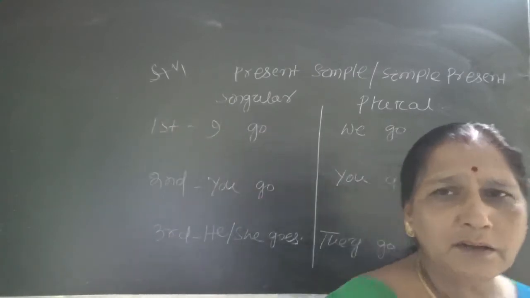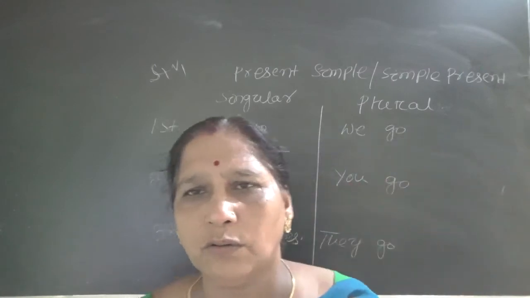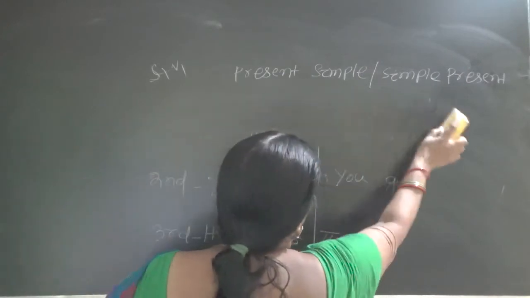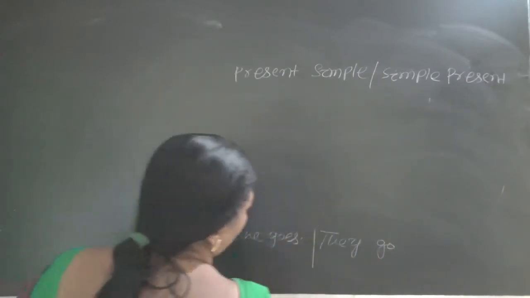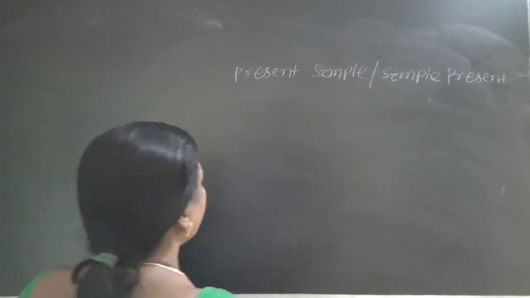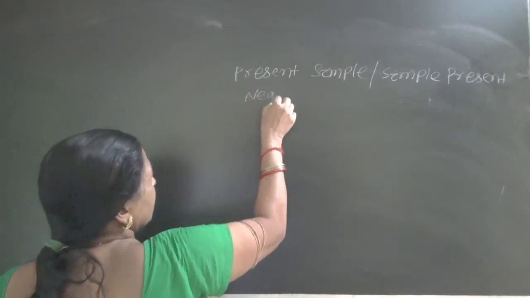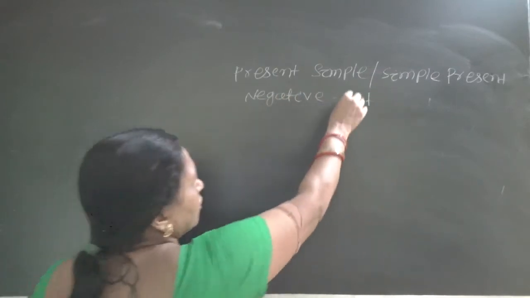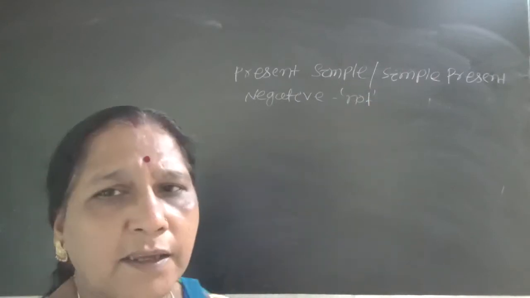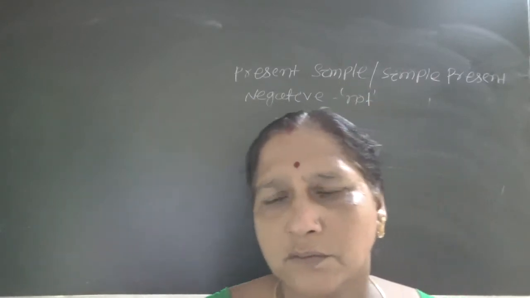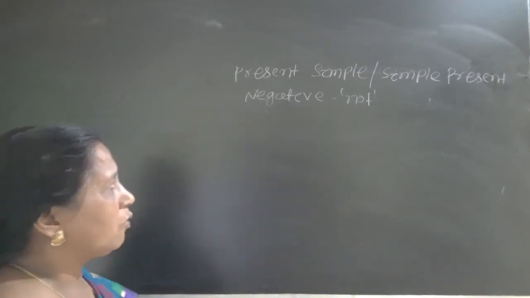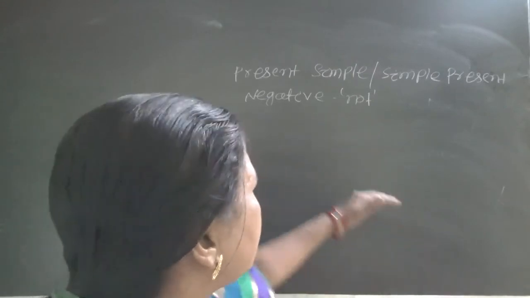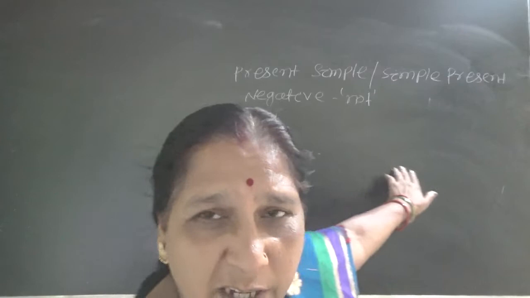Now how can we turn it into negative form? Negative means we use not. We can use not with the help of an auxiliary verb or helping verb. But there is no helping verb in this form of the tense.